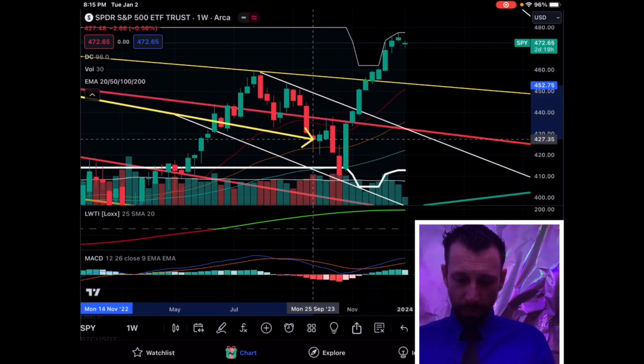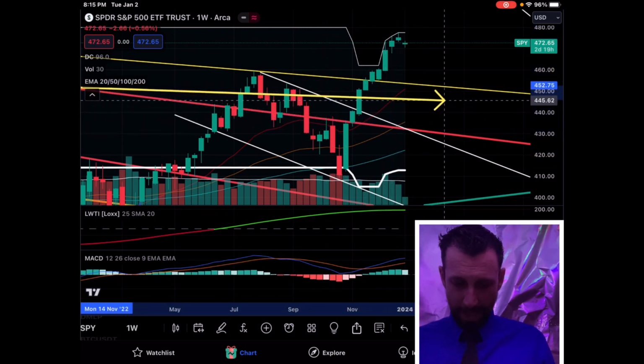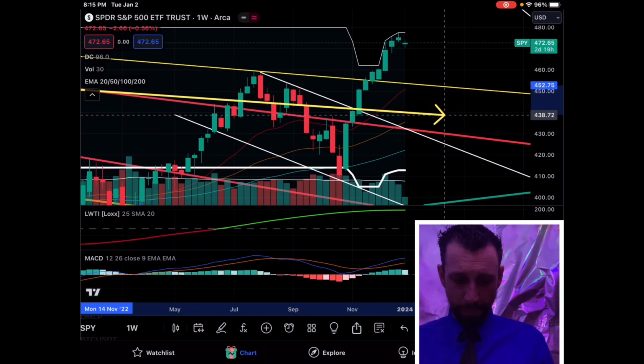But if you look here, this is about the neckline right here, I would say. So maybe about 444. If it were to break that, we'd be looking at some dangerous roads ahead of us. But more than likely, 438 is more of a reasonable place to be looking for a break, where it would be bad if we had a really solid break.